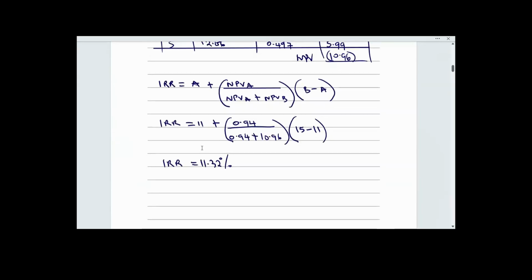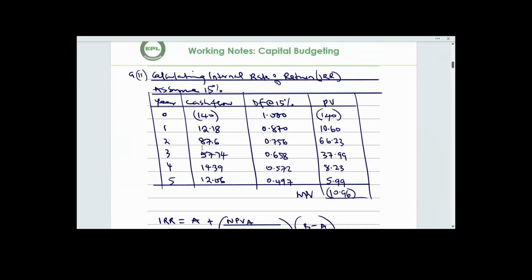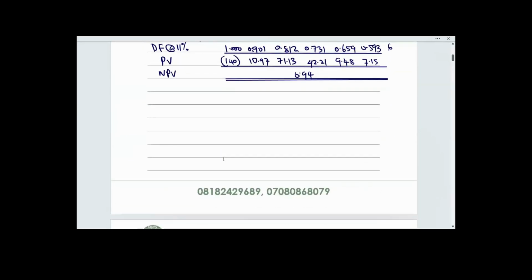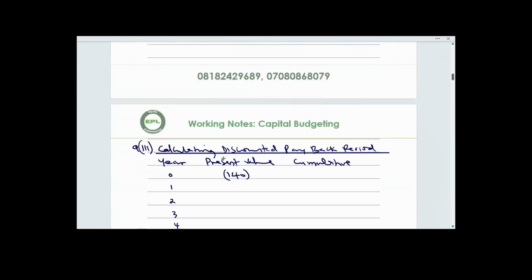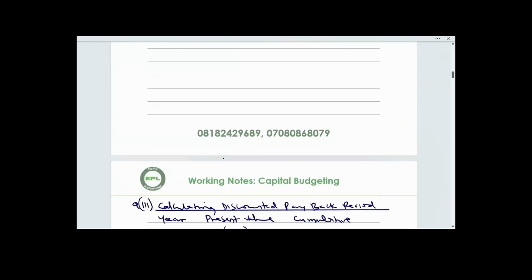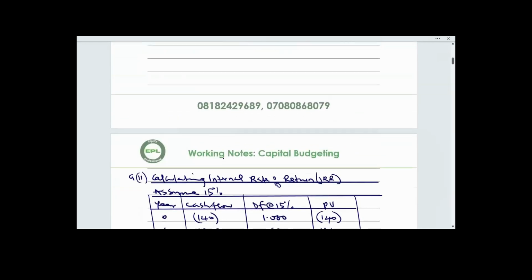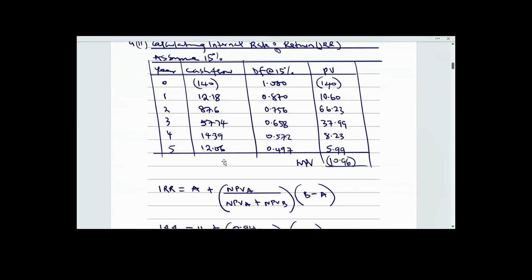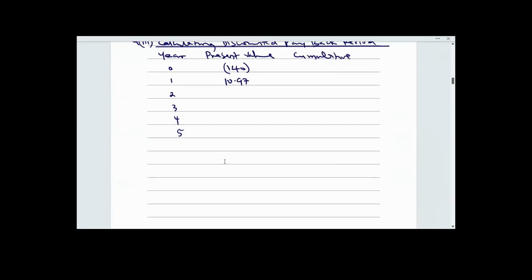So here is 140. Present value of year 1 is 10.97. Okay. Present value of year 2, please be calling the number for me, so that I don't need to be flipping pages.